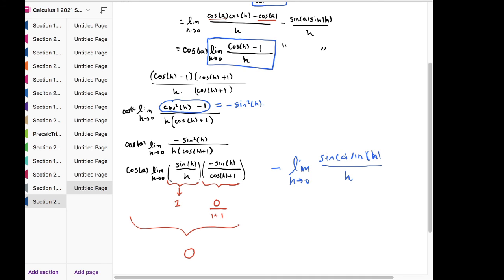And what's this limit? So this, it's just sine of a. So this limit is 1, and then the answer is negative sine of a.